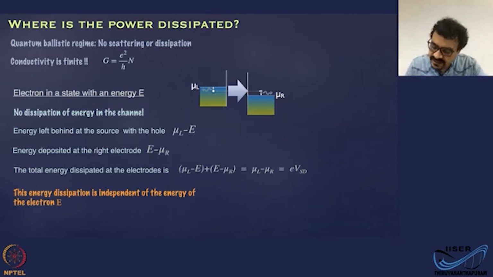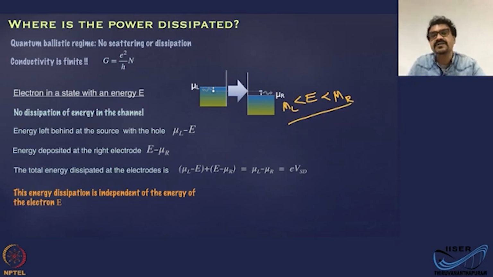The energy E is between the electrochemical potentials on the right side and the left side. That is the assumption.